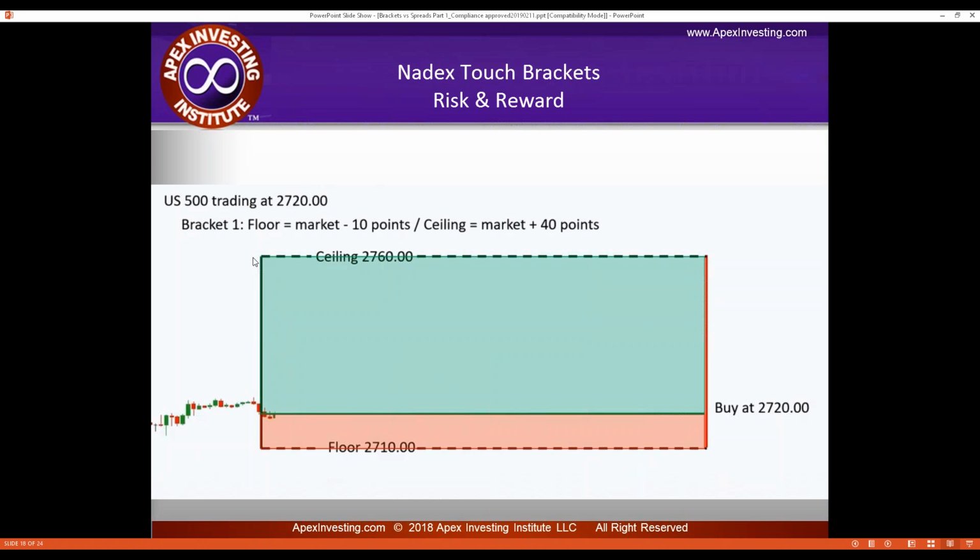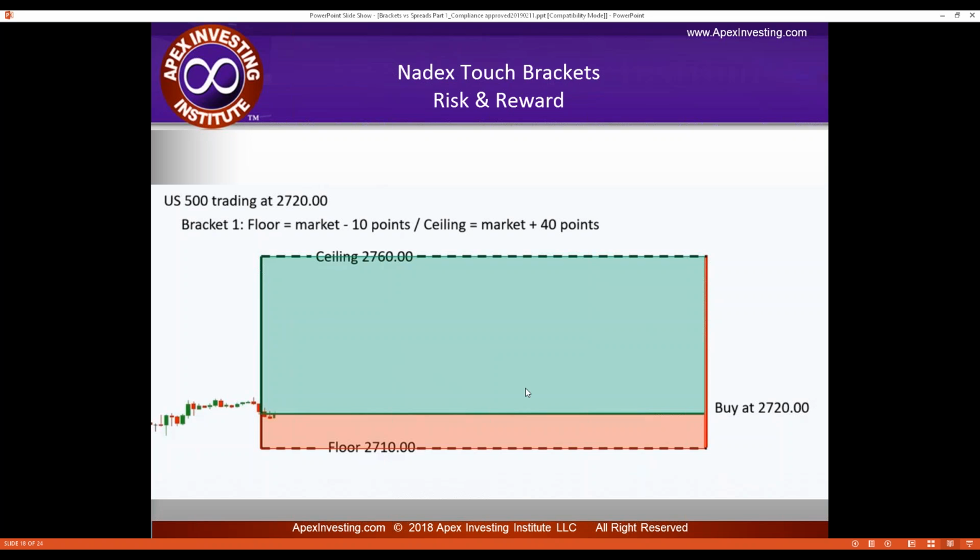For example, if we had this touch bracket here, let's say this was the US 500, say it had a floor of 2710, a ceiling of 2760, and we were to buy in at 2720. Well, 2720 is where we're buying in, the floor is at 2710.